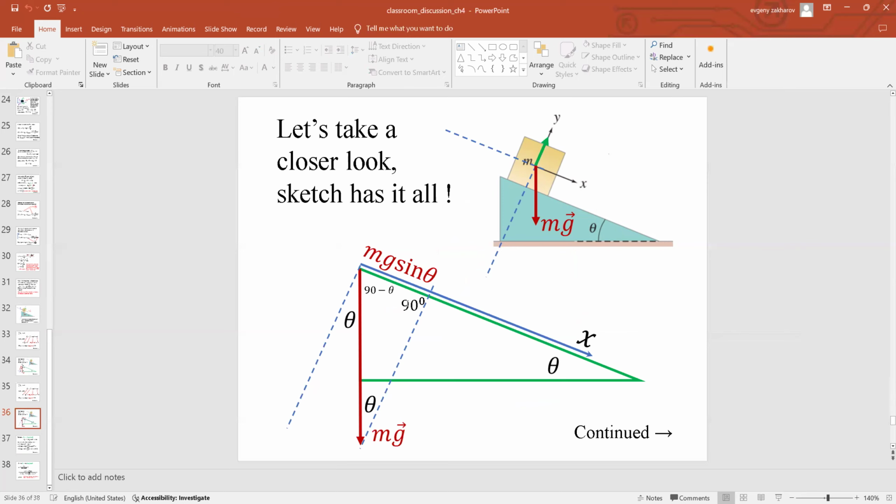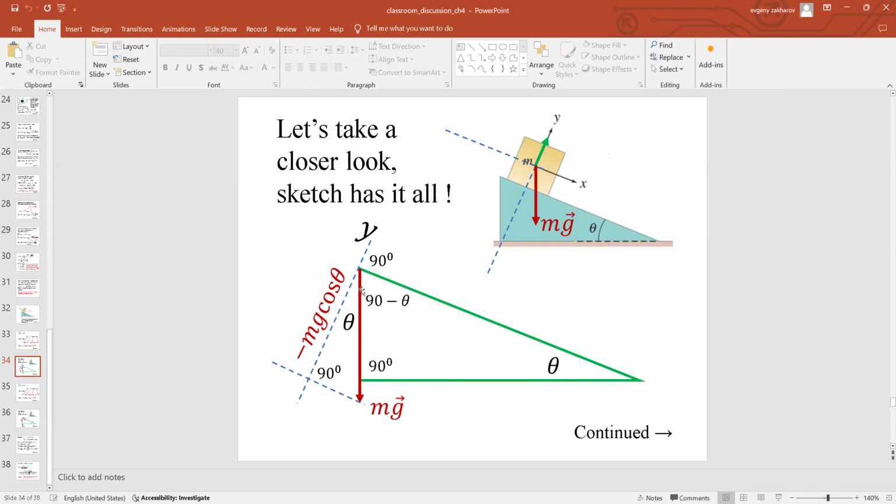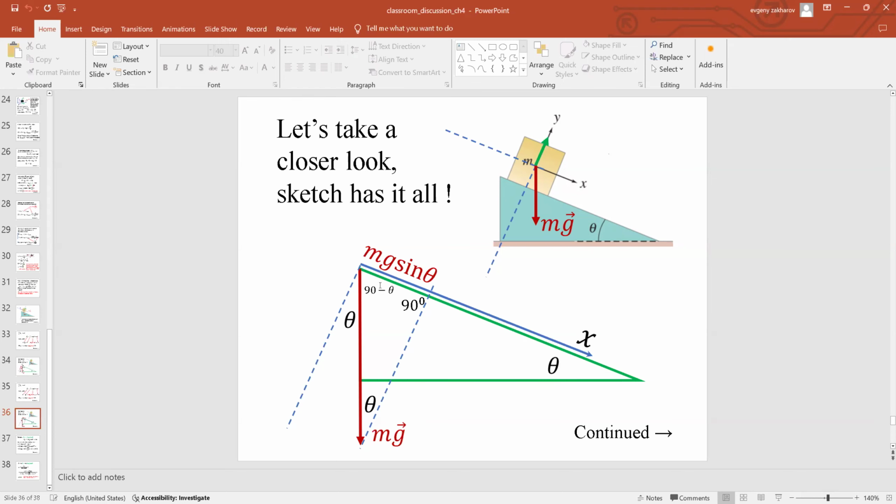And now I'm taking a look at this right triangle that is formed by the same gravity, the component that I'm looking for, and the line that I'm going to build at 90 degrees perpendicular to the surface. And if this is theta, and this is 90, and this is 90, then this one is 90 minus theta. We already discussed it. It's 90 minus theta right there.